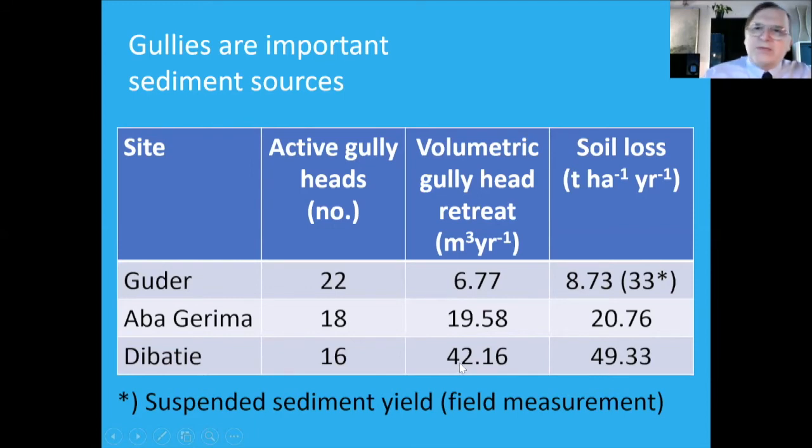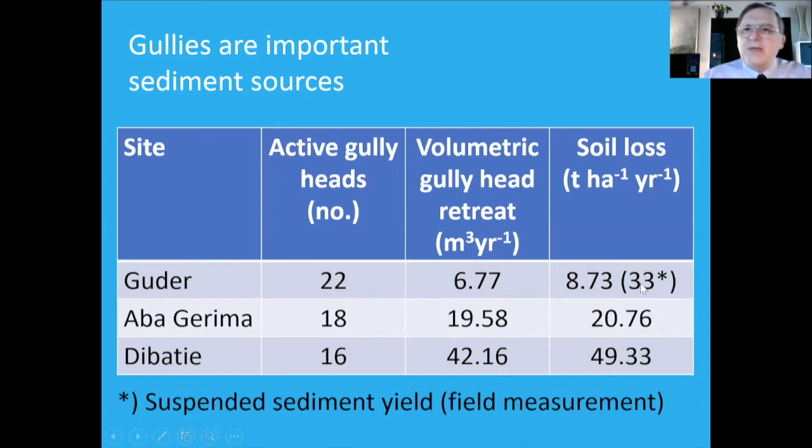But the most interesting thing is that the contribution from gully head retreat is the most important in the soil loss, in the sediment that exits the gully. As you can see, in Gudar it is about 90%, 80%, 85% in Dibate, and so on.